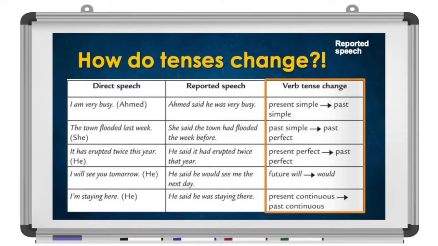The past simple will take one tense older, it will be past perfect. The present perfect will be past perfect as well. Future will change into would. Present continuous will be past continuous. This table is very important. Fold the page and keep it with you all the time.